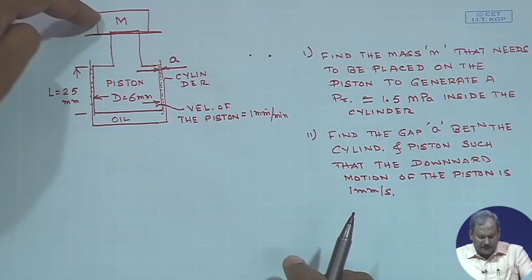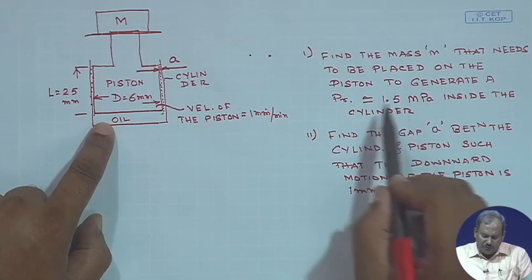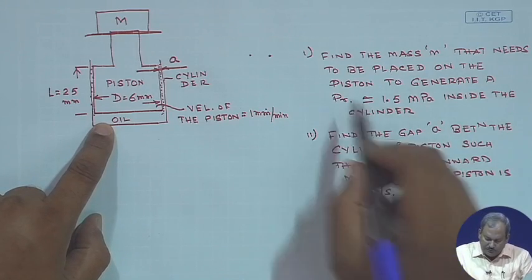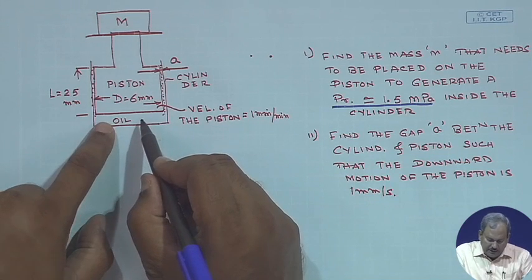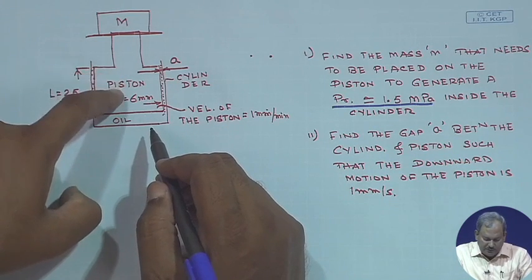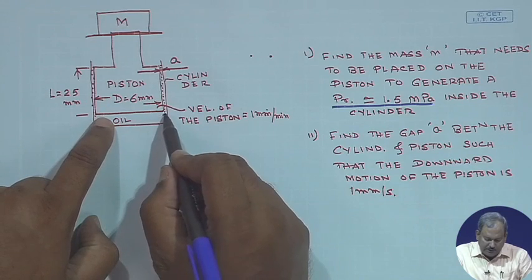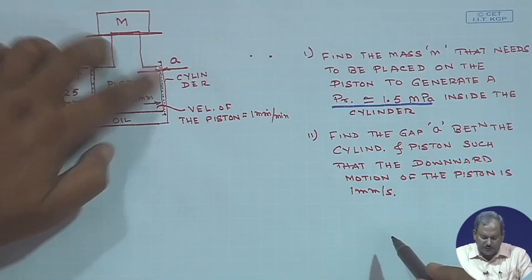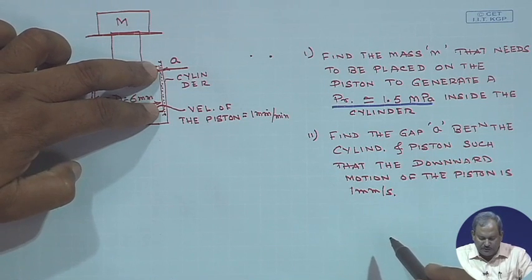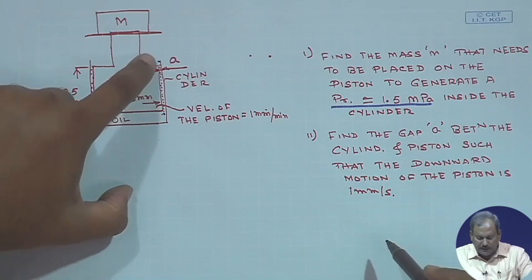The piston is loaded with a mass that creates a pressure of 1.5 megapascal in here, and the piston is slowly coming down. There is a huge pressure difference between this point and the point outside, which is open to atmosphere. So, you have a huge pressure gradient acting between this point and this point.